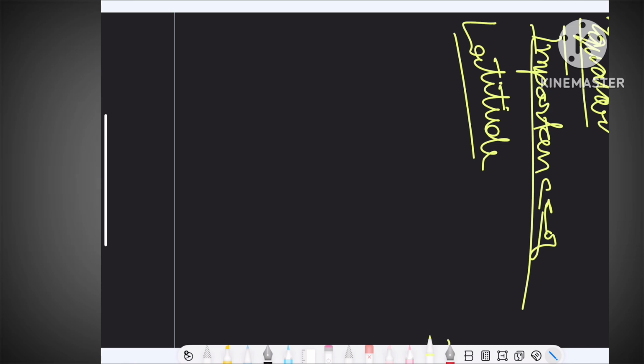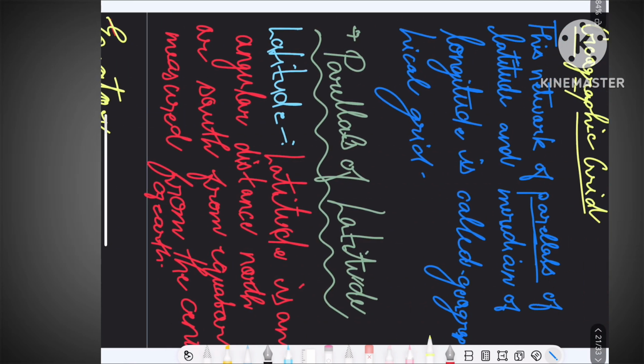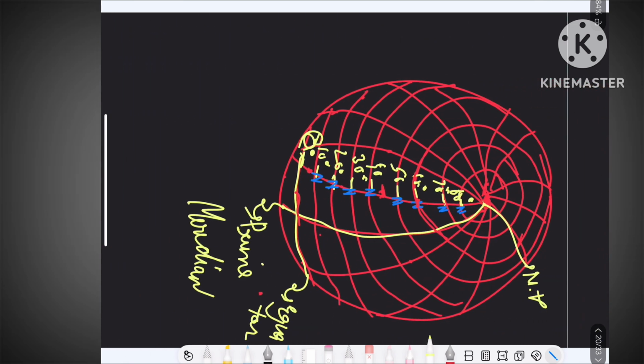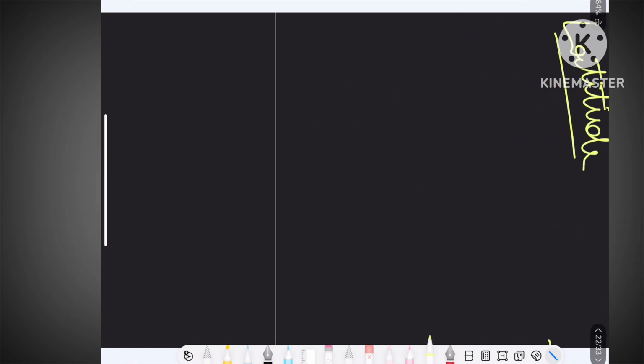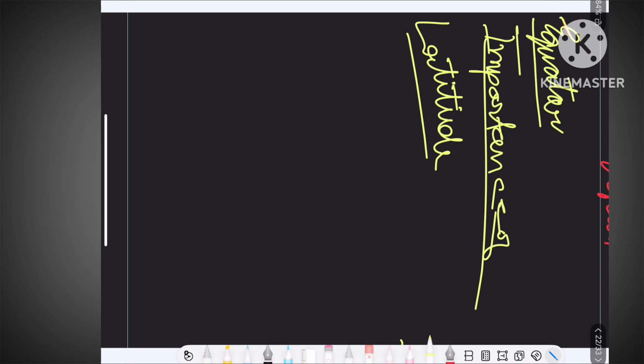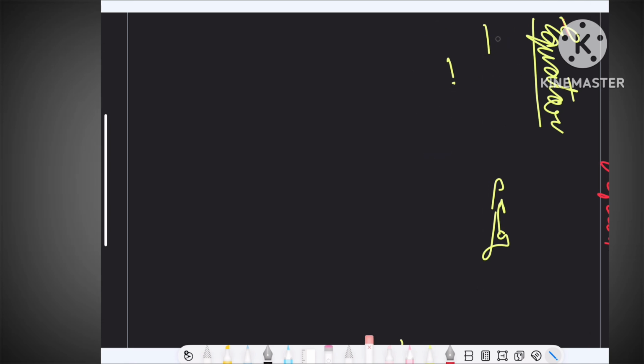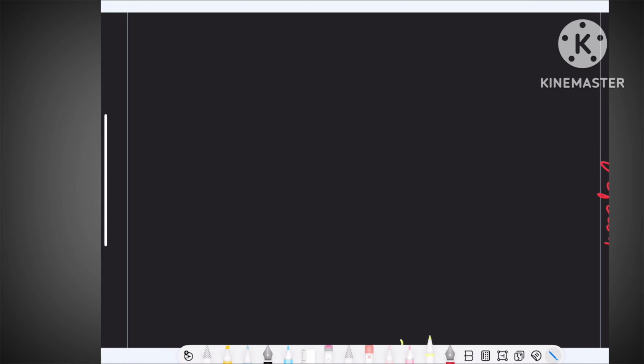Lines joining all places at a similar angular distance east or west of the prime meridian are called lines of longitude. See, longitudes are not parallel because they meet here. All 360 meet here at the center of the earth. So they are not parallel.